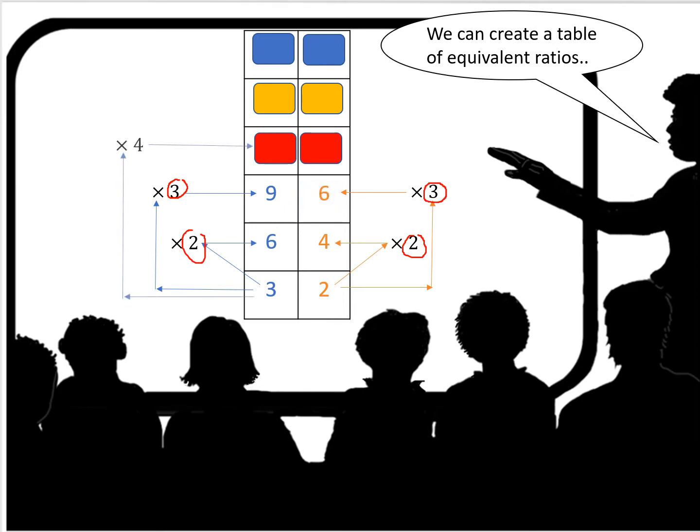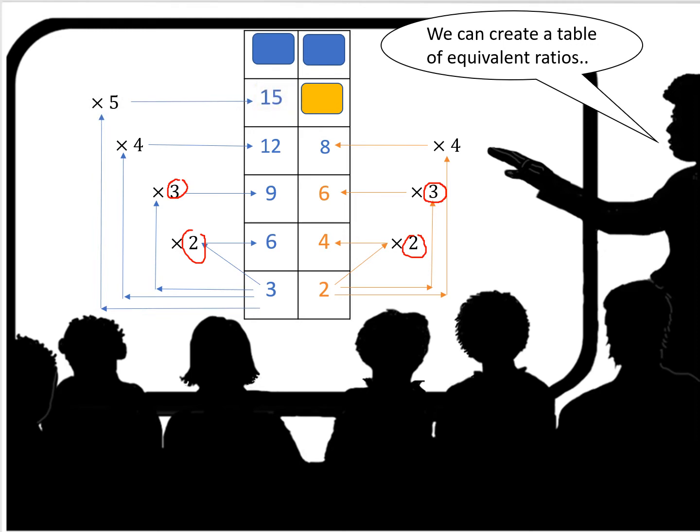Let's generate some more equivalent ratios. Another equivalent ratio to 3 to 2 would be 12 to 8. Another would be, I use the multiplier 5. 5 times 3, 15. And then 5 times 2, I would get 10.